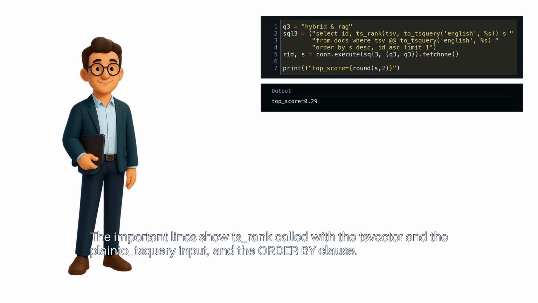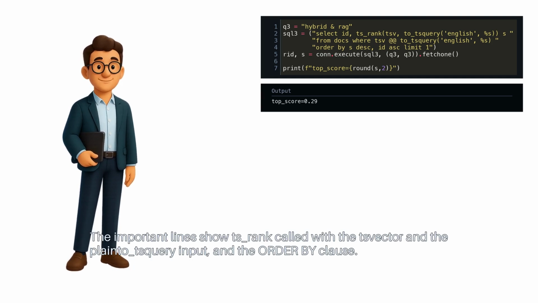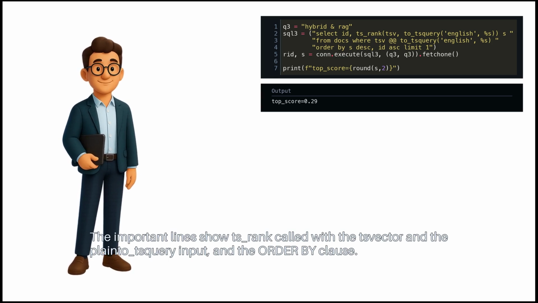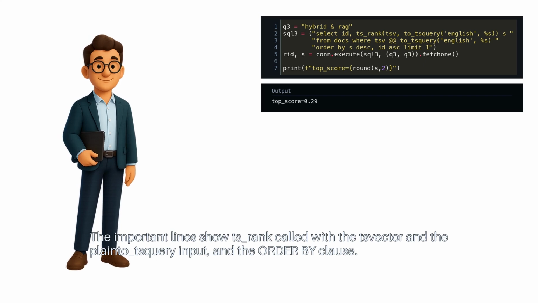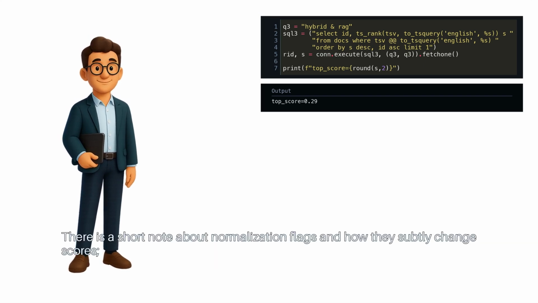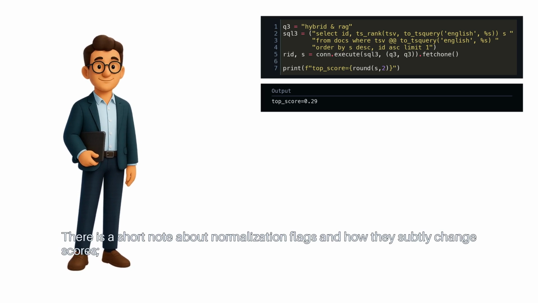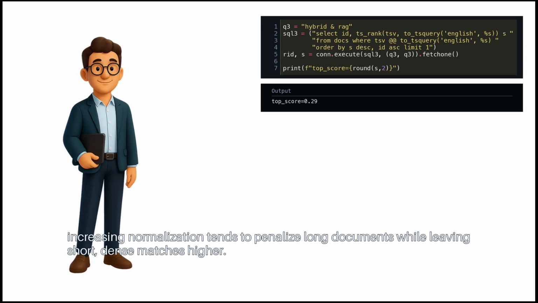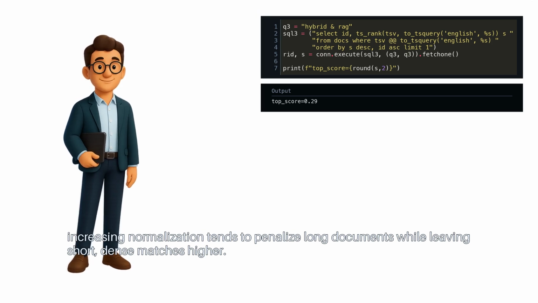The important lines show ts_rank called with the tsvector and the plainto_tsquery input, and the ORDER BY clause. There is a short note about normalization flags and how they subtly change scores. Increasing normalization tends to penalize long documents, while leaving short, dense matches higher.